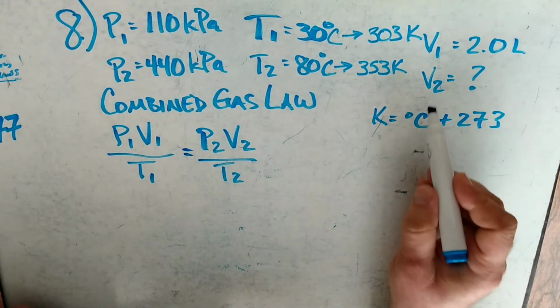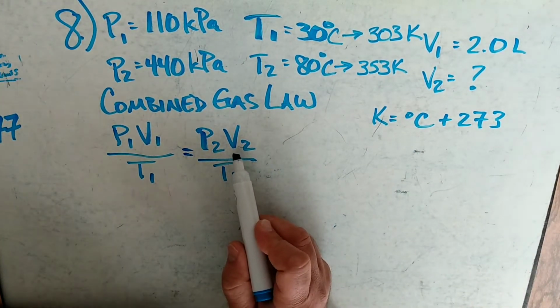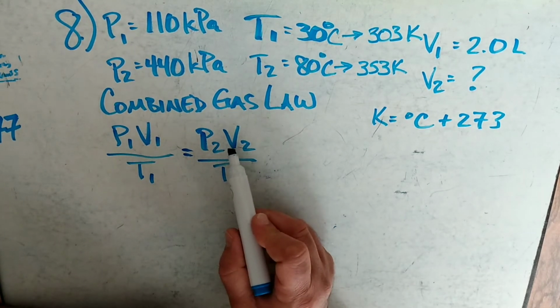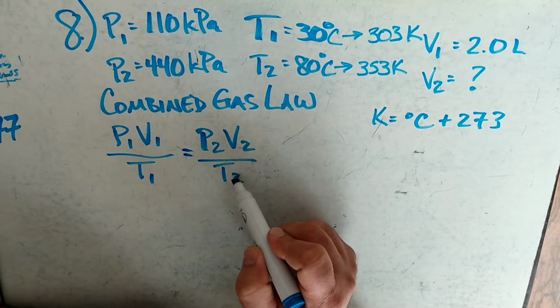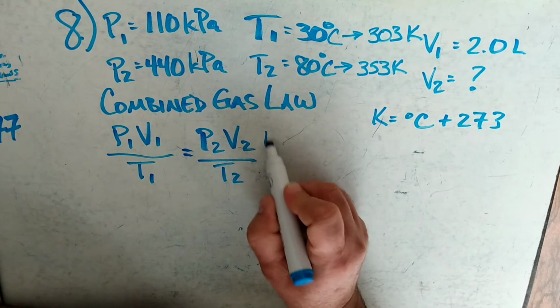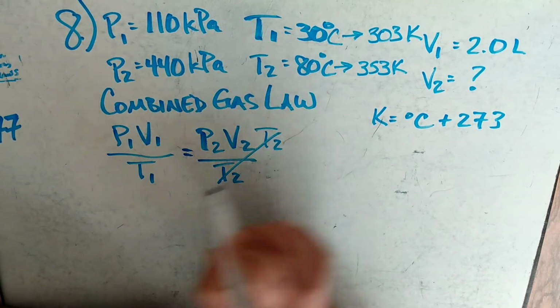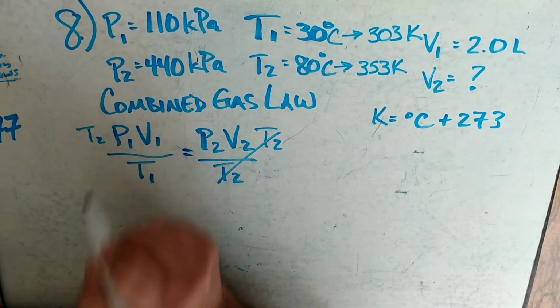And what we really want is this V2 all by itself. So we want to isolate V2. We're going to take this T2 and multiply both sides by T2. So that cancels, but then we have the T2 over here.